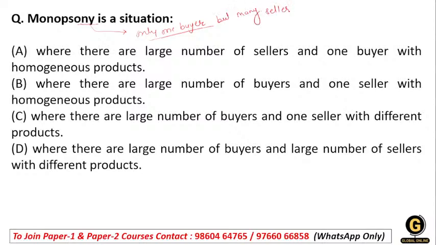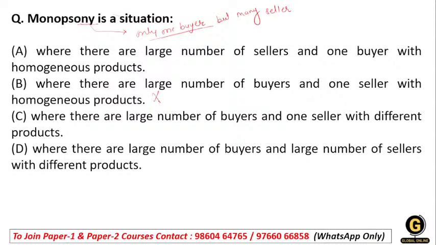In that condition, we call this situation monopsony. So here, is monopsony a situation where there is a large number of sellers and one buyer with a homogeneous product? Or where there are a large number of buyers and one seller with a homogeneous product?